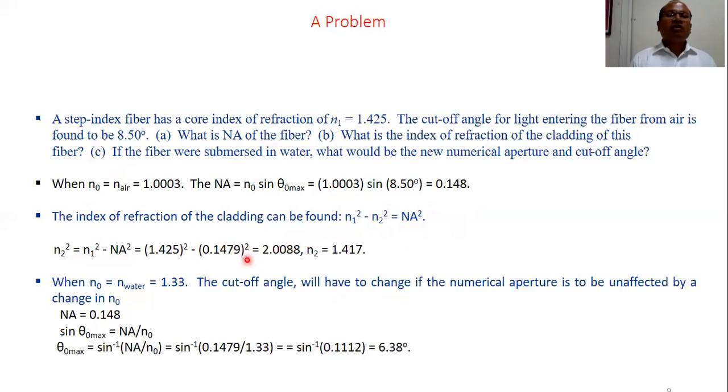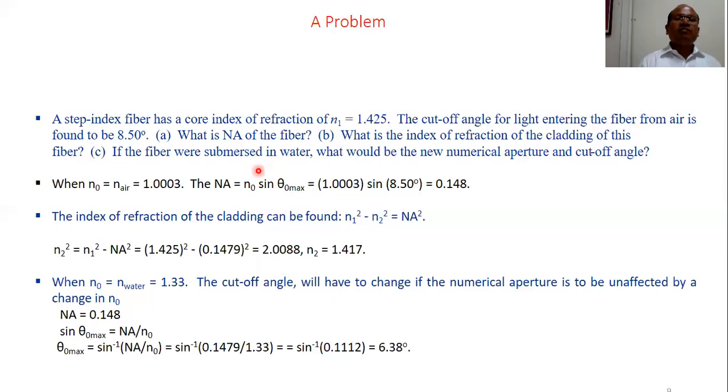So n2 is 1.417, that is the square root of that value. We will not take the negative value, because the square root has both negative and positive solutions. So the refractive index of cladding is 1.417, core 1.425. You can see the difference is not big in this case. So this is the problem.